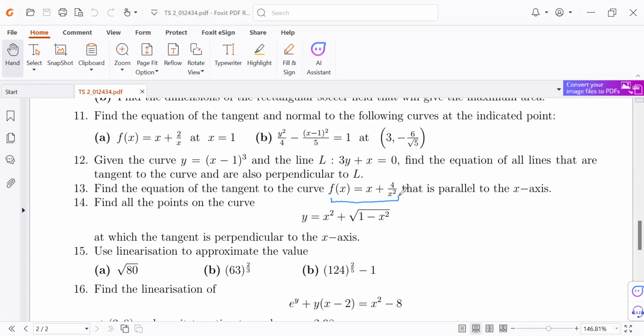There is always a very big number of tangent lines to any curve. Now this question has specified they want only the tangents to the curve that are also parallel to the x-axis. You agree with me that the x-axis is a horizontal line, so the gradient of the horizontal line is 0.